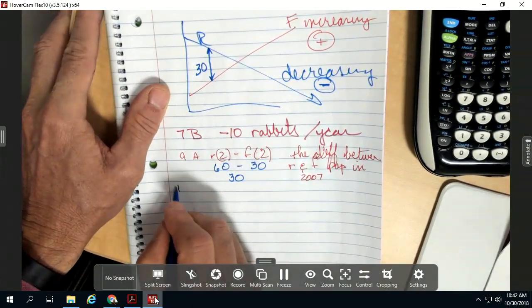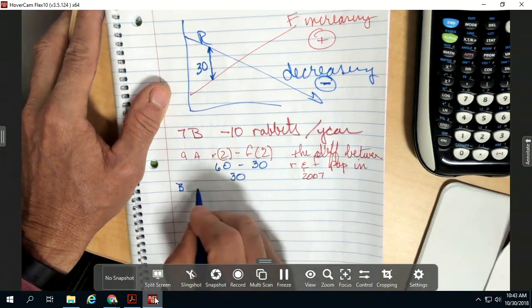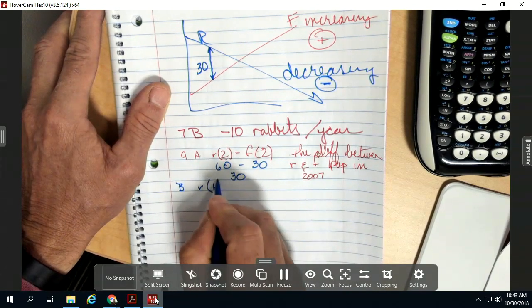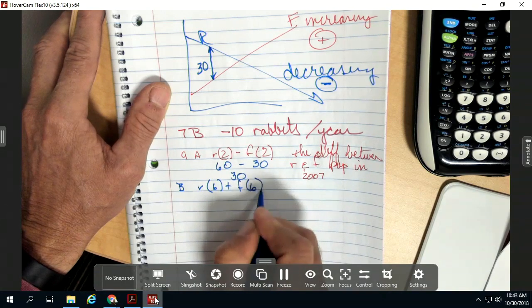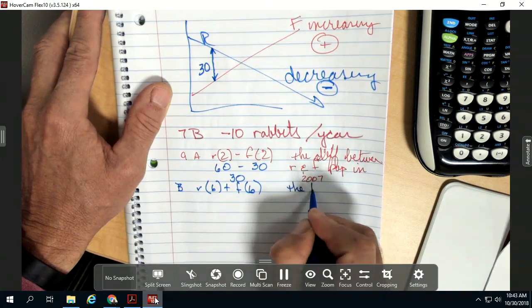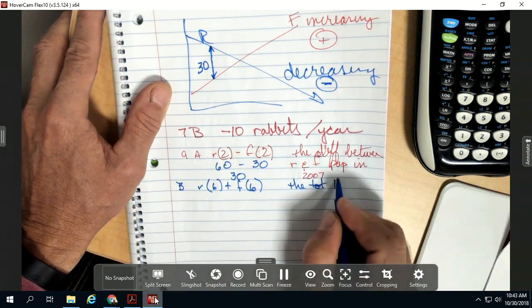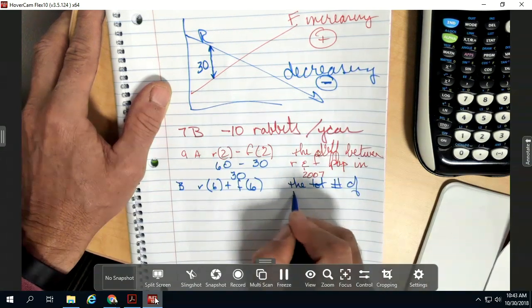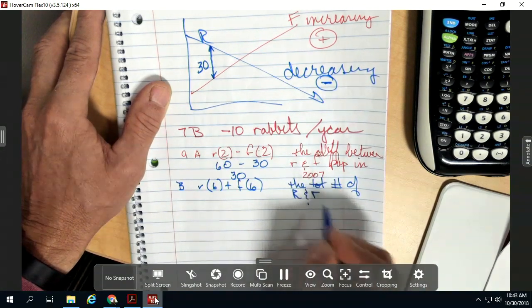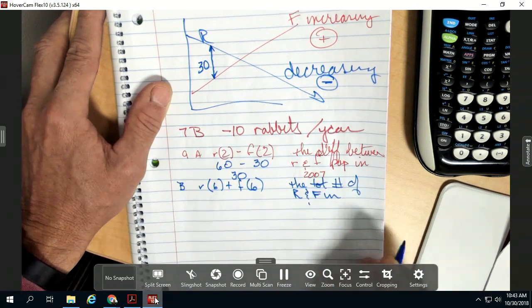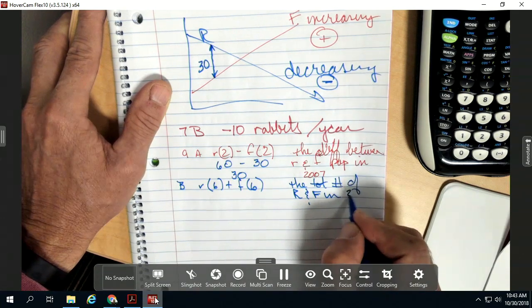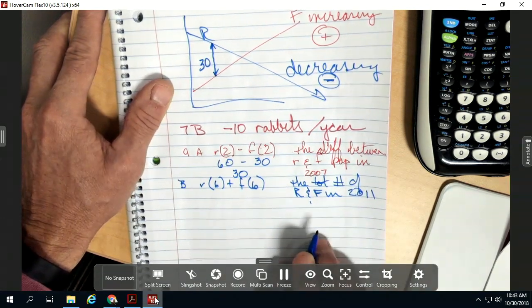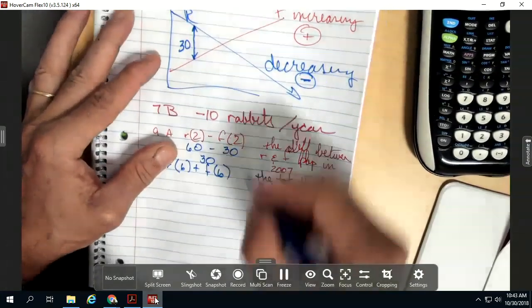B. R6 plus F6 is the total number of rabbits and foxes in (2011). How many was it?